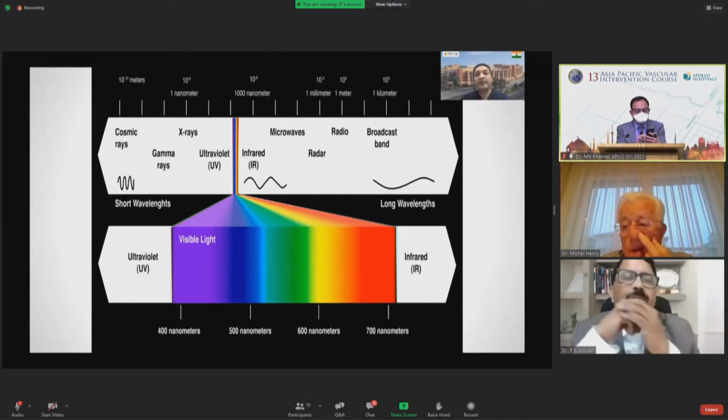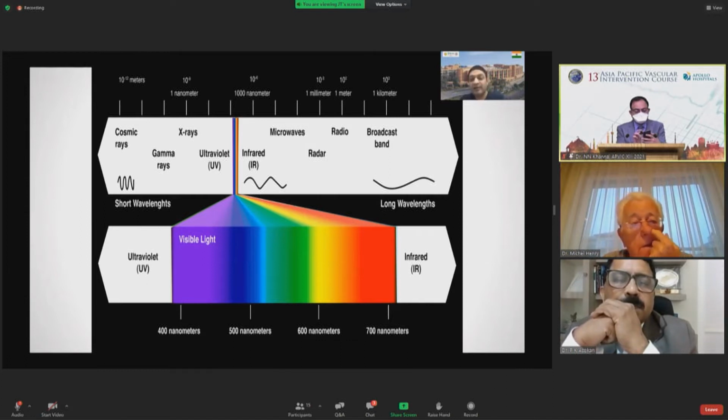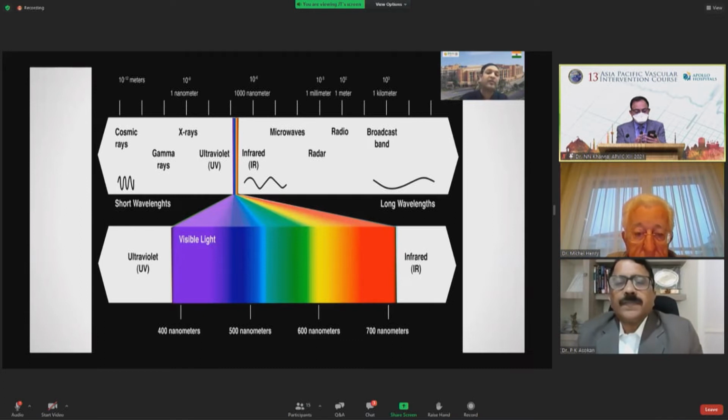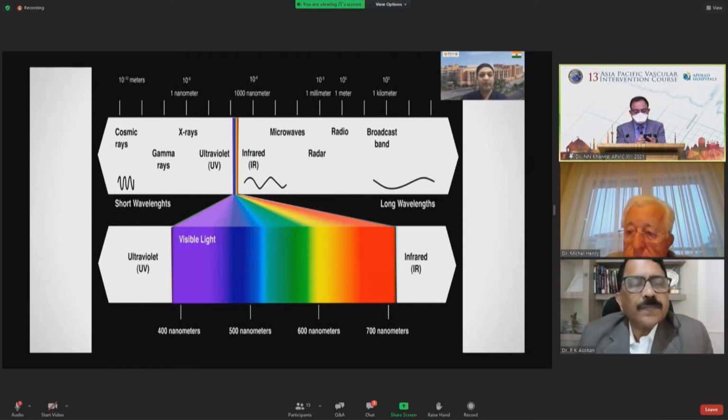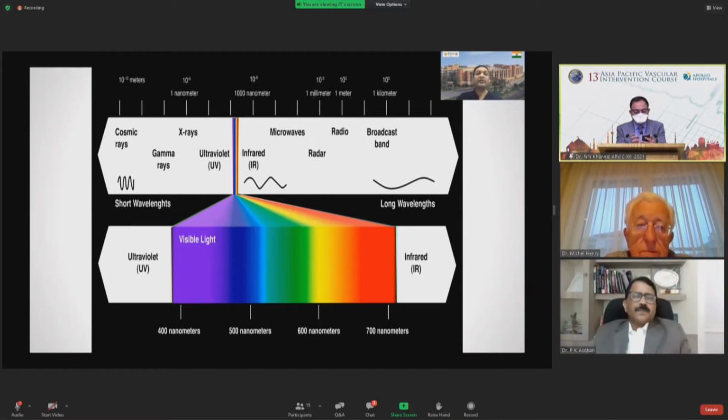So any wavelength of light which is longer than the red will be infrared. So infrared could be a near infrared, could be a far infrared light. And on the other side of the violet, we call it an ultraviolet or UV rays. Or on the top of the other side is X-rays, gamma rays, cosmic rays. But we concentrate on the visible spectrum lasers and infrared lasers.